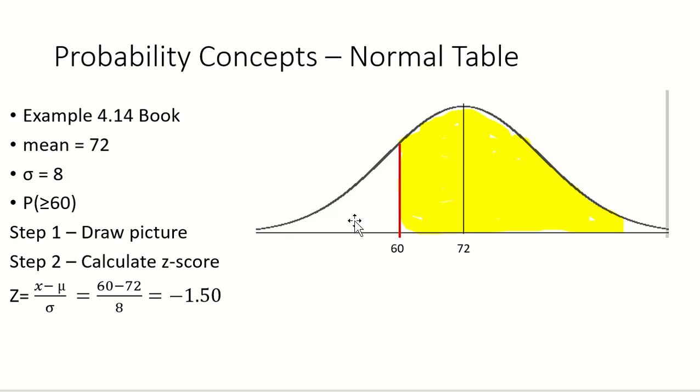Draw the picture, get your normal curve drawn out there, put the average in the center. We're looking at 60, draw 60 in here. In particular, we want to know greater than or equal to 60, so we're looking at this amount of data, all of it. Don't worry that this isn't colored in here, it just didn't get colored in. Again, I've drawn it, I'm looking at everything above 60.